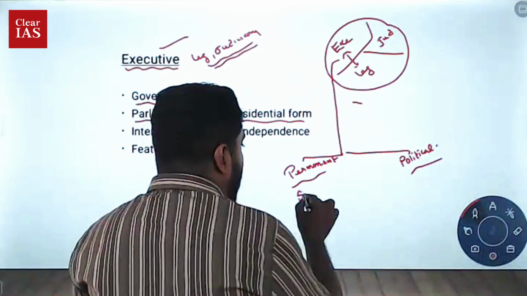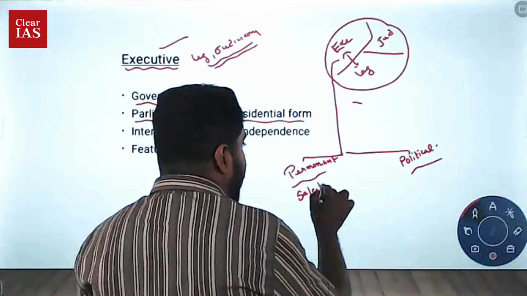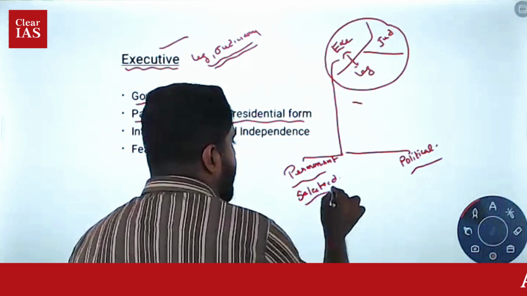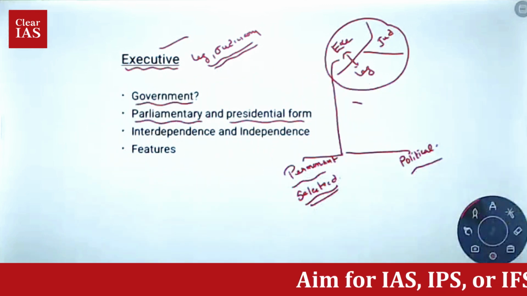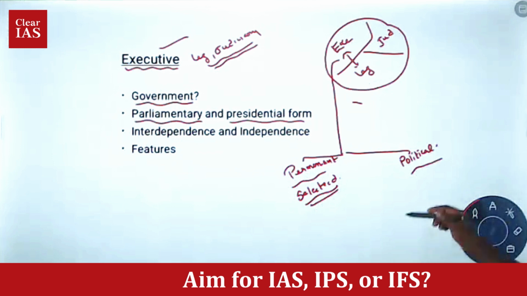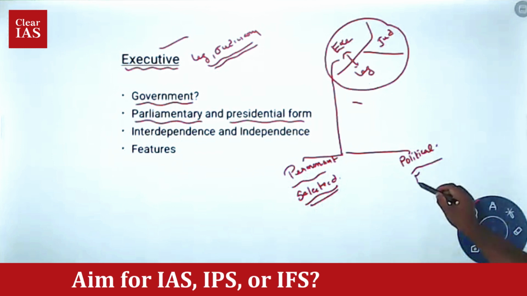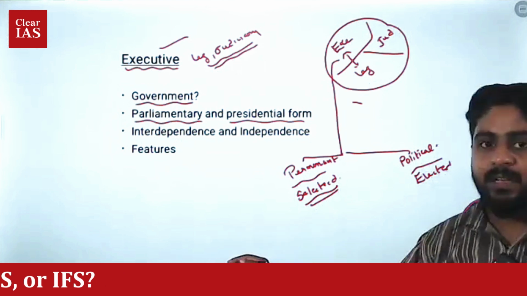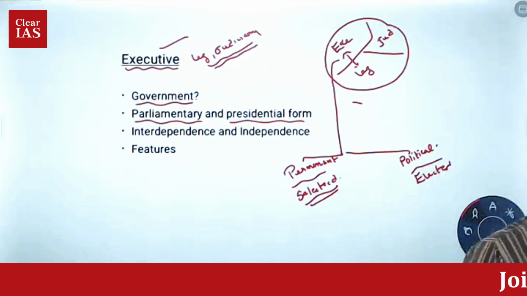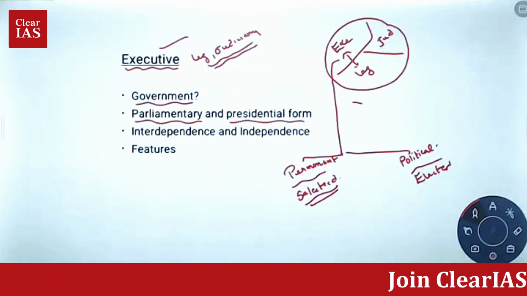Permanent executives are those selected by the recruitment agencies. Now, the political executives are not selected, they are elected. So, one is selection, the other one is election. So, you may be understanding the difference.